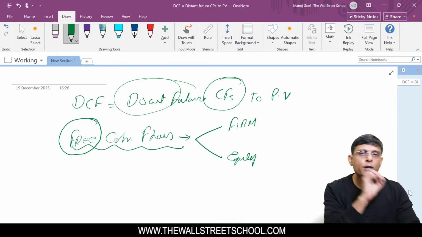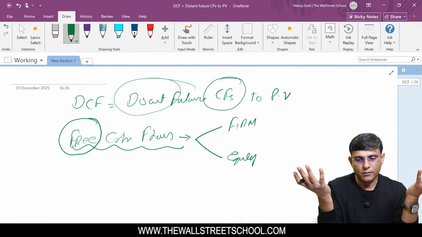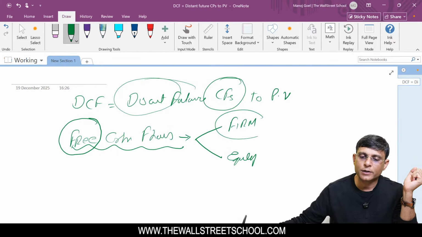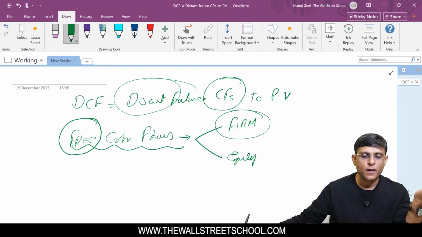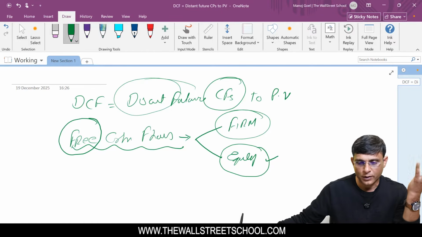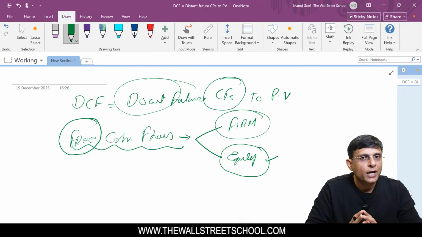If you're interested in finding the DCF value of the entire business, irrespective of debt and equity, then we calculate free cash flows to the firm. But if you're interested in finding the DCF value of just the equity part, then we calculate free cash flows to the equity only. Generally, we focus on free cash flows to the firm in the DCF technique.